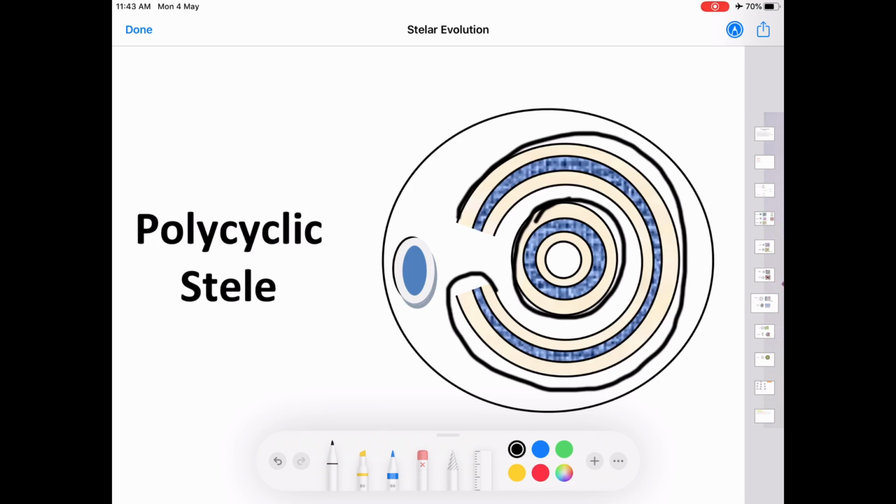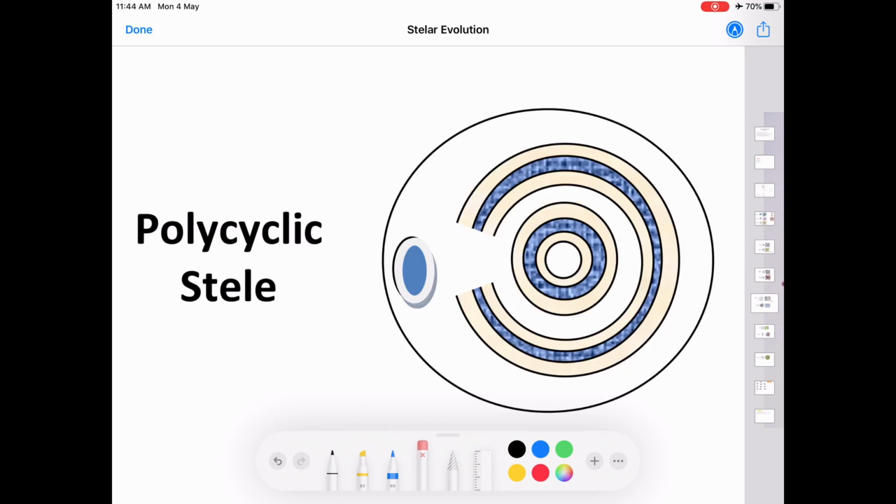And here, in the case of polycyclic stele, if the outer cylinder is a siphonostele, a solenostele, that is with a single leaf gap and a leaf trace, this type is known as polycyclic siphonostele.